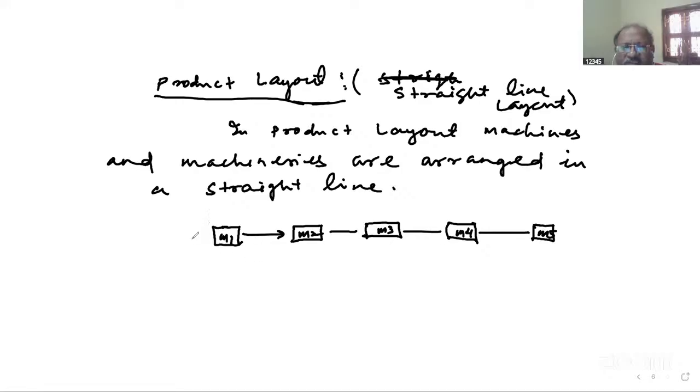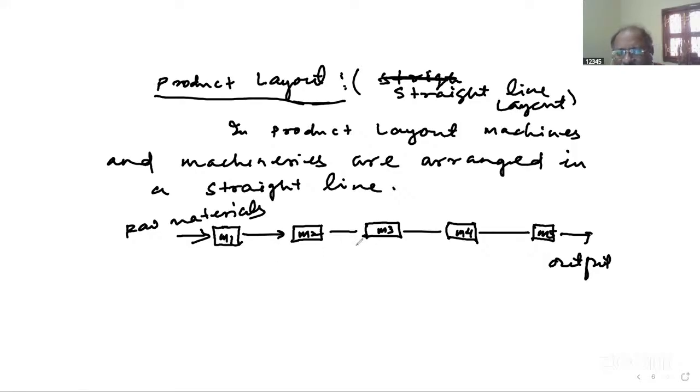Here, the factory inputs or raw materials are fed into the first machine, and outputs come out at the last machine.